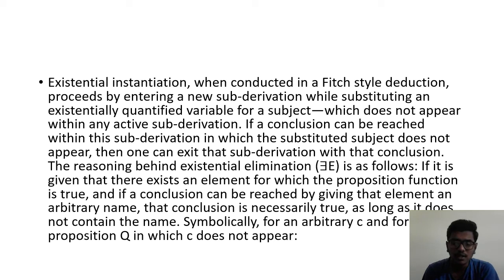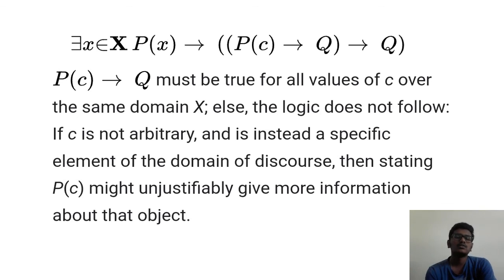Symbolically, for an arbitrary c and for a proposition Q in which c does not appear, there exists x belongs to X, P of x, and P of c gives rise to Q, gives rise to Q. P of c gives rise to Q must be true for all values of c over the same domain X. Else the logic does not follow.